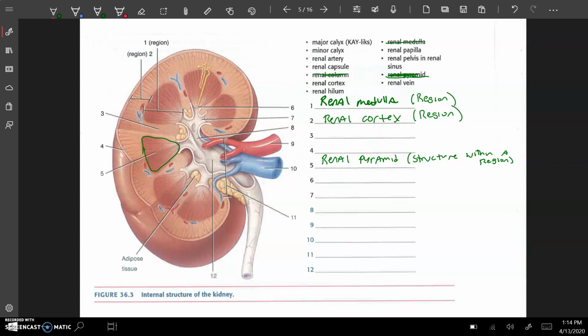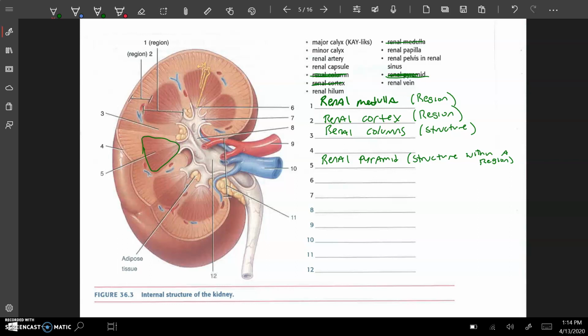That's going to be called the renal column. Renal columns are going to separate the pyramids from each other. So we have those all crossed off.